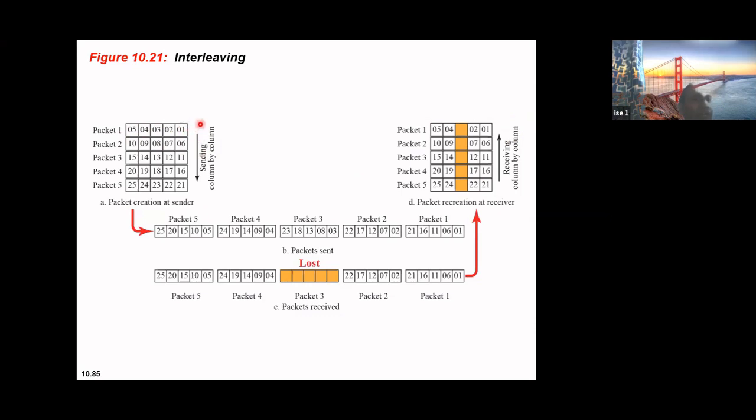So even if I have checksum here, I don't know what value I have to put here. So since I have sent the data column wise, even if one full packet was lost, and checksum was there, I could recover the original data. Have you understood this?